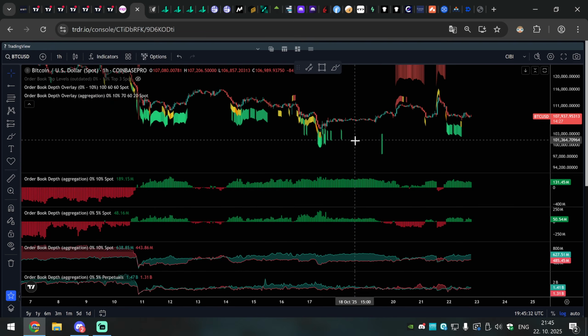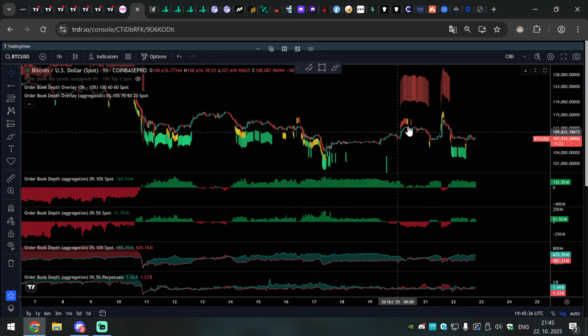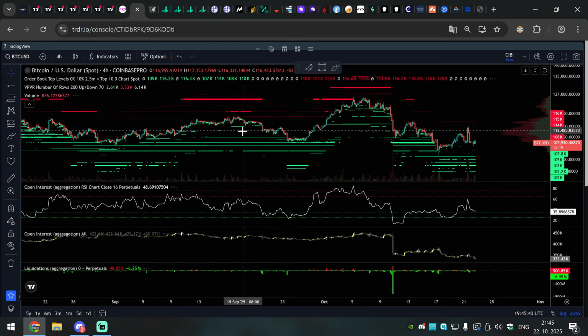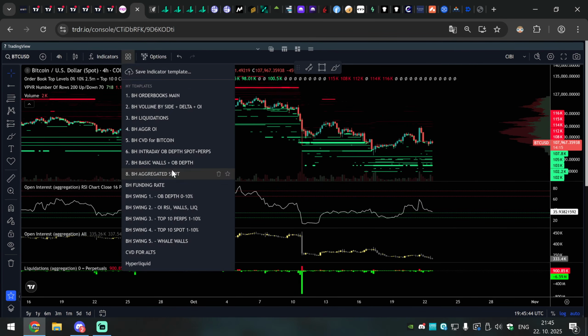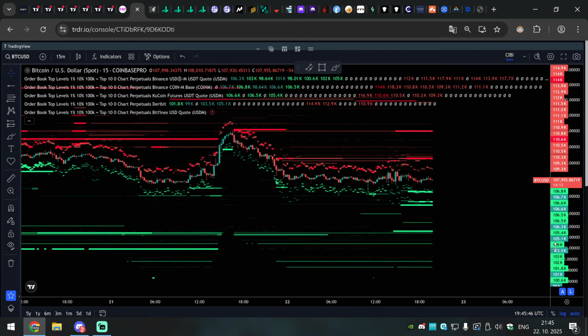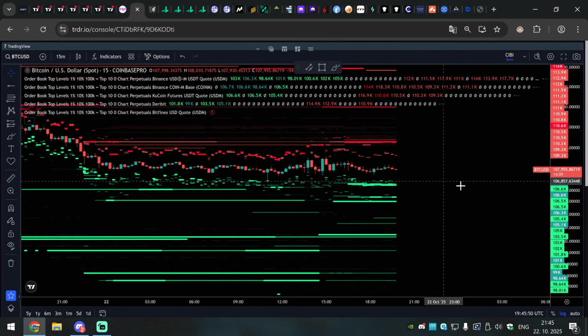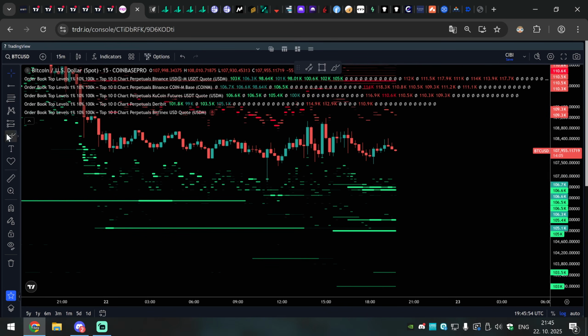Swing template was useful for us. Not rotational open interest RSI, not important right now. Where is leverage bidding? So I will keep an eye on these orders here.